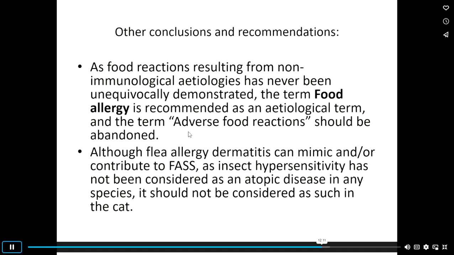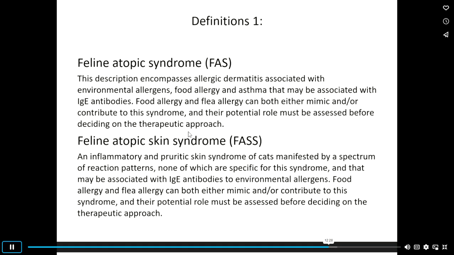And finally, although flea allergy dermatitis can mimic and or contribute to FASS, as insect hypersensitivity has never been considered as an atopic disease in man or any species, it should not be considered as such in the cat.